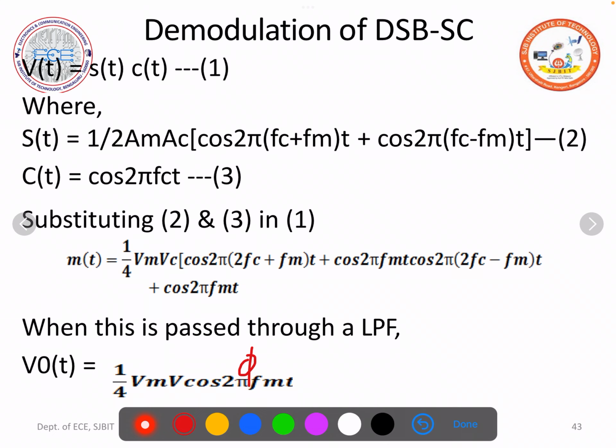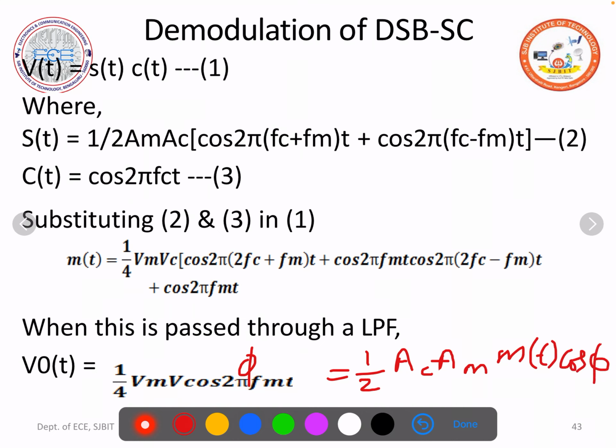If the phase error is constant, so phi is a constant, you can take v out of t equal to 1 by 2 Ac Am m of t into cos phi.